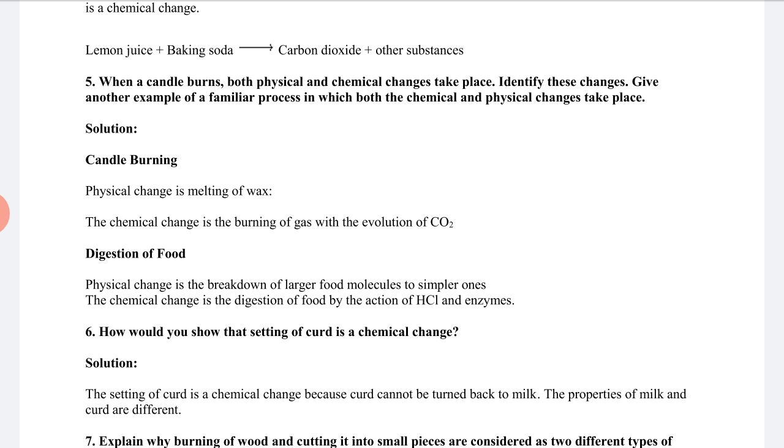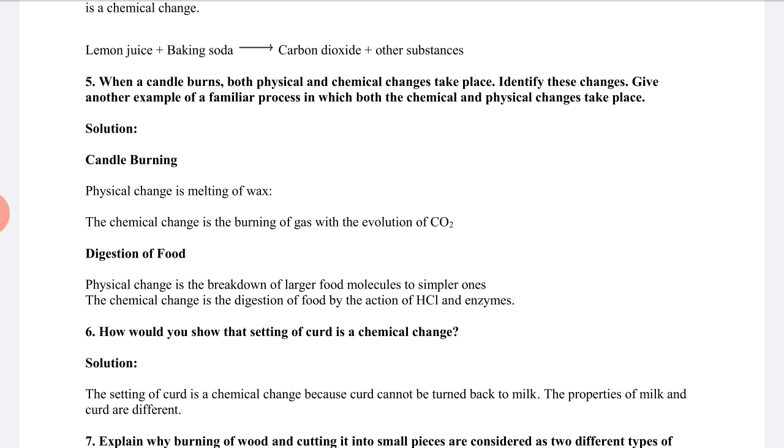Next example is digestion of food. In the digestion of food, you can see the physical change. When we chew food, the food particles break down from large pieces into simpler ones. So the food material changes its shape and size. So physical change takes place. And we see a chemical change in the digestion process, by the action of HCl and enzymes.